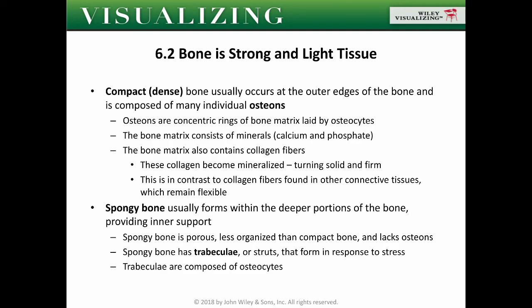Anyway, the spongy bone usually forms within the deeper portion of the bone and provides inner support. The spongy bone is porous, less organized than the compact bone, and lacks osteons. The spongy bone has the trabeculae, or the struts, that form in response to stress.